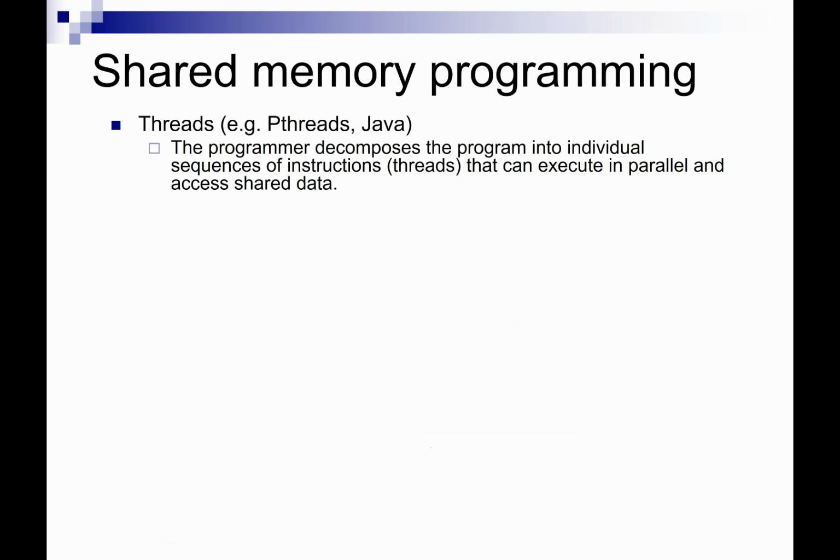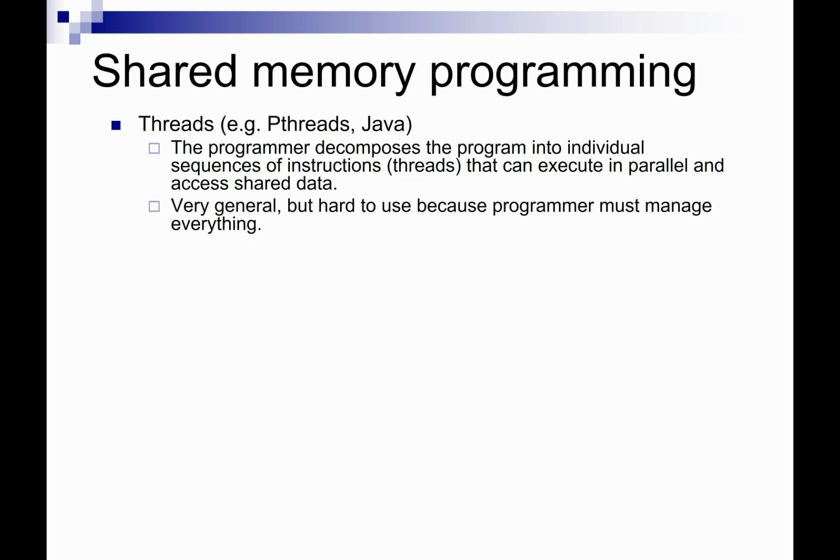Okay, so let's look at some different ways of writing shared memory programs. The first way is to directly use threads. This is done, for example, in the pthreads library or the Java programming language. Here the programmer takes a big program and breaks it into little pieces, each of which is a thread, and then these threads can execute in parallel, and the threads can also access shared data.